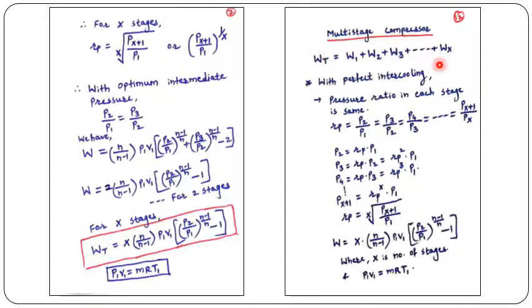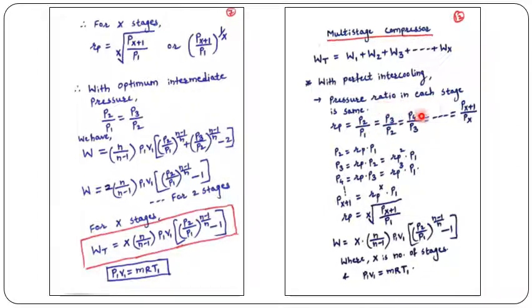So, what have we discussed? We have obtained an expression for work done in case of a multi-stage compressor. We have assumed intercooling to be perfect, and we have obtained that the pressure ratio is the same in all the stages. This is obtained after differentiating work with respect to intermediate pressure, that is P2, and equating it with 0.